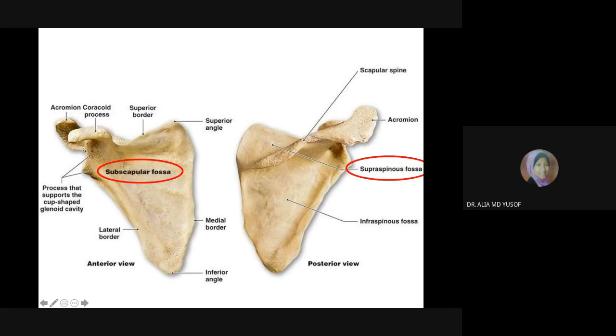This spine separates the posterior part of the scapula into 2 fossae. The above is the supraspinous fossa. Supra means above, spinous is the spine, fossa is a depression. A fossa is like a big crater. Wherever you find the word fossa, it means a depression like a big crater.